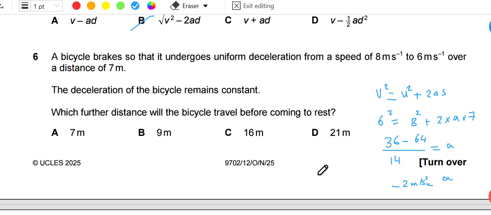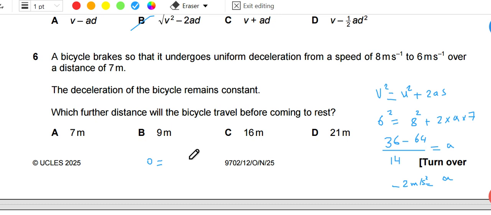And now we want to find the distance. So we will choose the final velocity to be 0, and I'll apply this formula again.